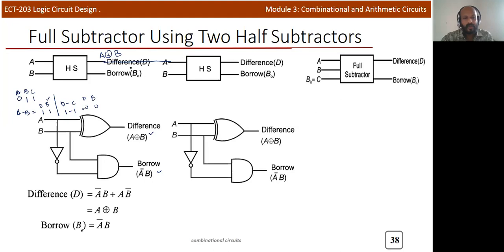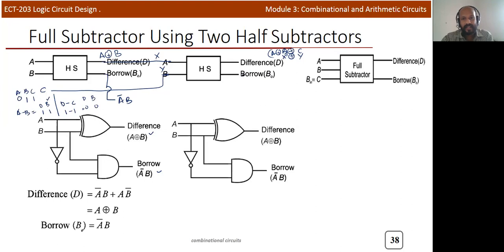And you need to connect another input here, that is C, and C should be connected to the second input. So if it is X and Y, it becomes X XOR Y. So in this case, X is equal to A XOR B and Y is equal to C. So you can write A XOR B as a single input and C is another input. And now we need to consider the borrow. In the first case, borrow we can write A bar B in the half subtractor.